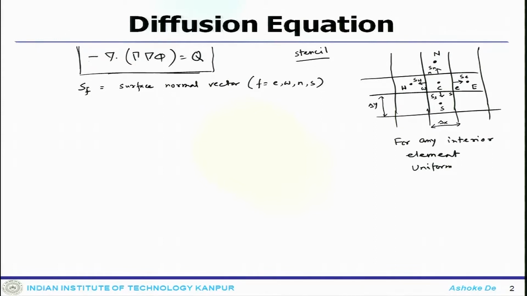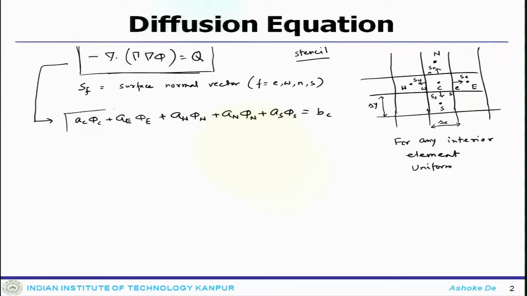So, once we have done the discretization, this governing equation gets us AC phi C plus AE phi E plus AW phi W plus AN phi N plus AS phi S equals BC.